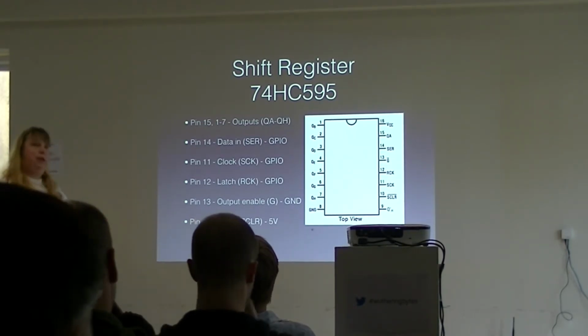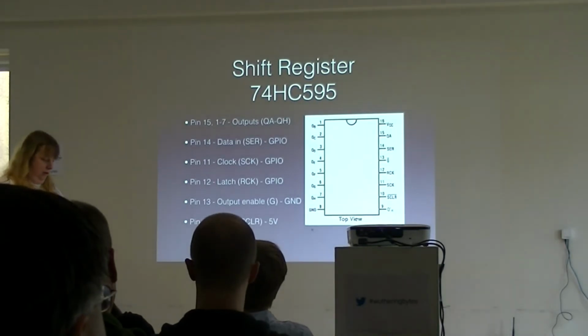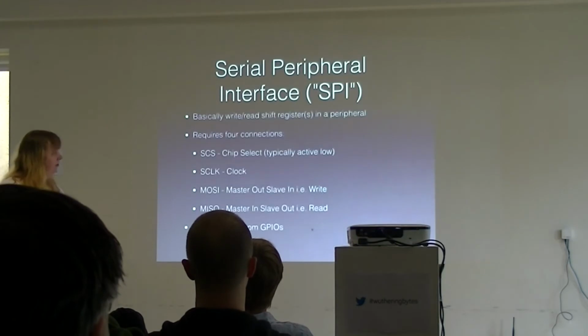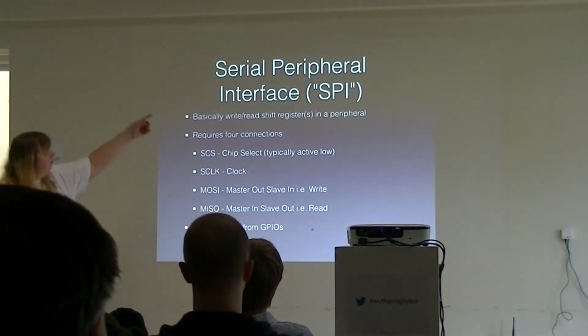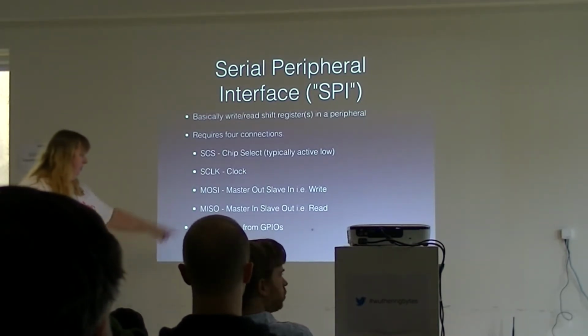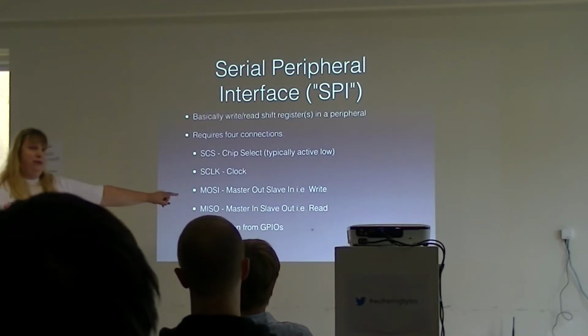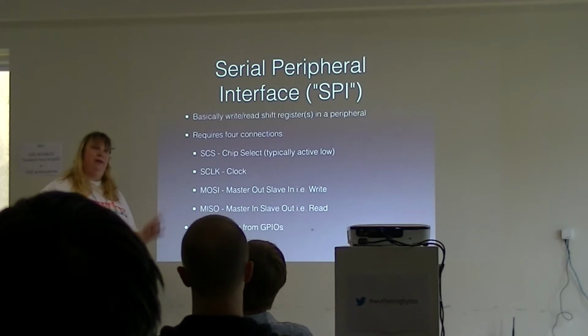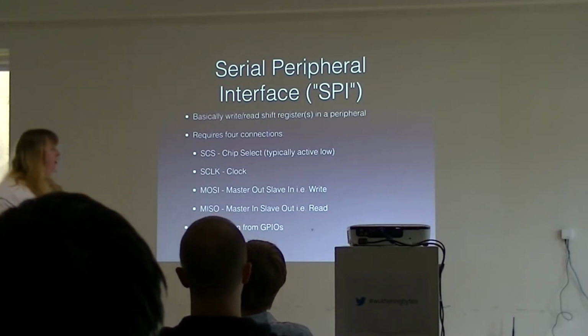Now that's still a bit low level. So people basically took the shift register idea and came up with what's called serial peripheral interface. We have a clock. We have what's known as MOSI, which is basically the pin out. We have a pin in, so we can read from our device.